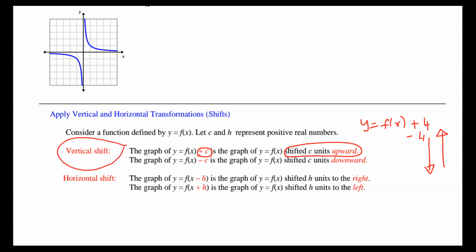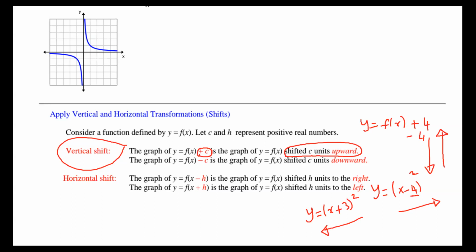The next one is the horizontal shift, which happens inside the function. Suppose I have y equals x minus 4 squared. I'm subtracting 4, which means you have to move the curve to the right. If I have y equals x plus 3 squared, then you have to move the curve to the left 3 units.